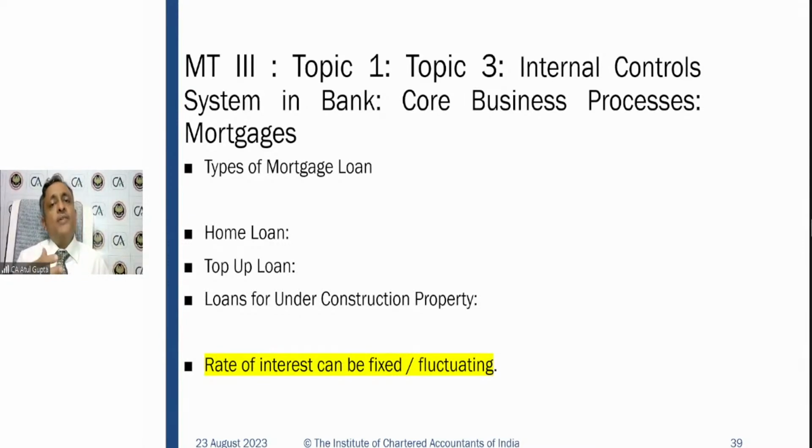What Reserve Bank of India found is that bankers have been arbitrarily changing this. So Reserve Bank of India has come with strict guidance. They are planning to issue guidance on the maximum tenor or how the repayment period is going to be calculated. So a lot of controls are there on home loan.